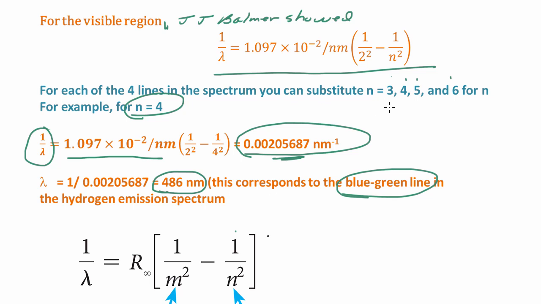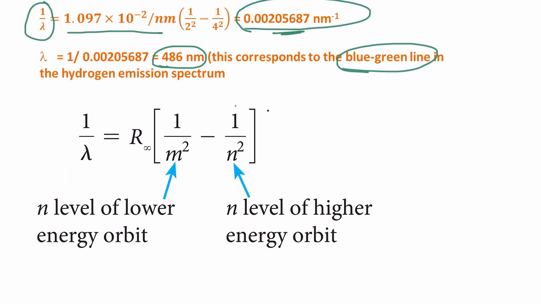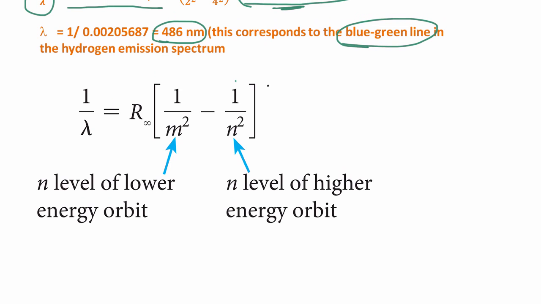So go ahead and try this for n equal to 3, 5, and 6. You'll be able to obtain those other wavelengths. Sound good? You'll probably be asked to do that somewhere.